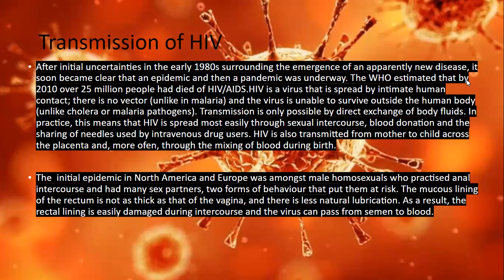The reason? The mucus lining of the rectum is not as thick as that of a vagina. There's less natural lubrication. Therefore, the rectal lining is easily damaged during intercourse and the virus can pass from semen to blood. We get HIV.